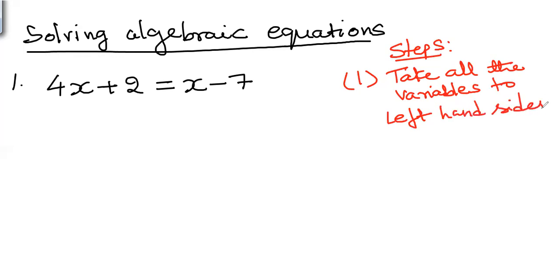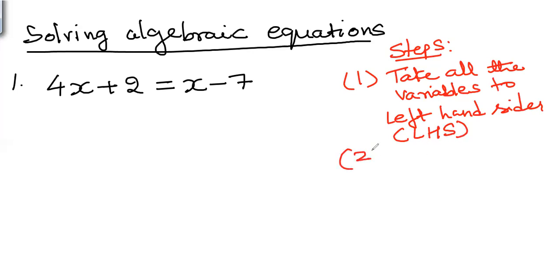Or you can take them to the right hand side also, but then all the variables have to be on one side of the equal to sign and constants on the other side. That's all. According to me, I prefer having all the variables on the left hand side, which I would like to write in short as LHS.